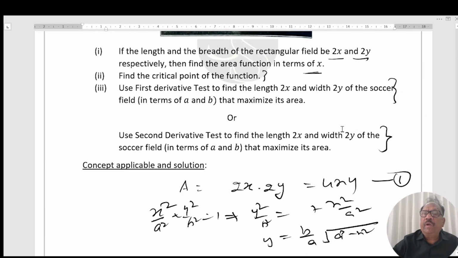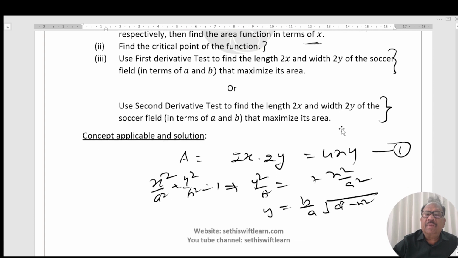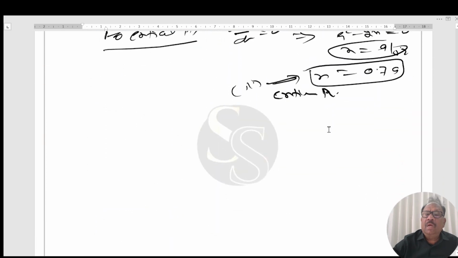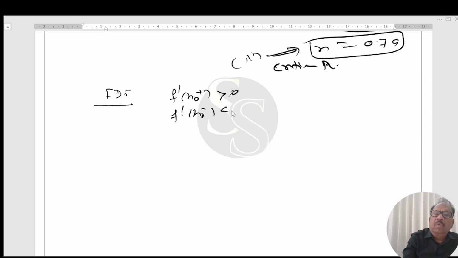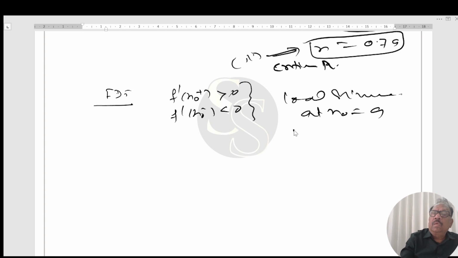Use first derivative test to find this in terms of area. I will explain here. First derivative test: f dash x naught plus, f dash x naught minus, greater than 0, less than 0, local minima at x not equal to 0.7a.